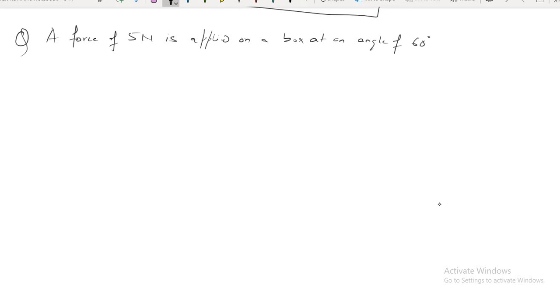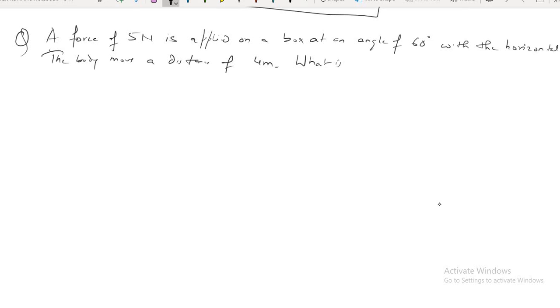The question is somewhat like this: a force of 5 Newton is applied on a box at an angle of 60 degrees with the horizontal, and the box moves a distance of 4 meters.